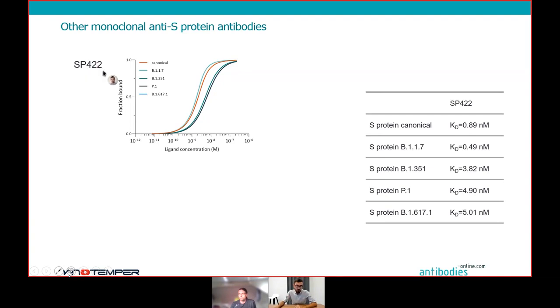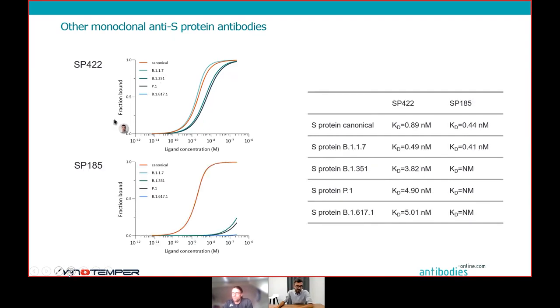The SP422 showed even a picomolar affinity against the wild type and the B117, with a KD between 500 picomolar and 1 nanomolar. The other variants we tested, the B1351, the P1 and the B16171, showed slightly weaker binding. It's still a quite good affinity, but there is a difference between these two groups.